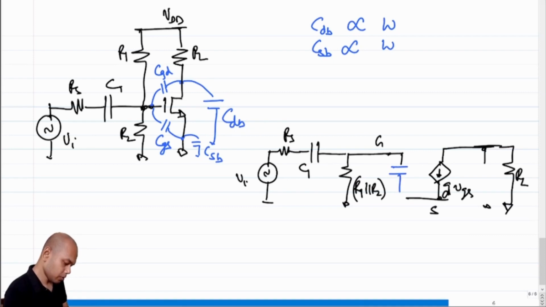So this becomes the CGS, this becomes CDB, and this becomes CGD.